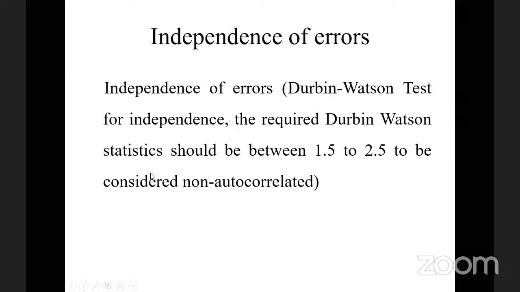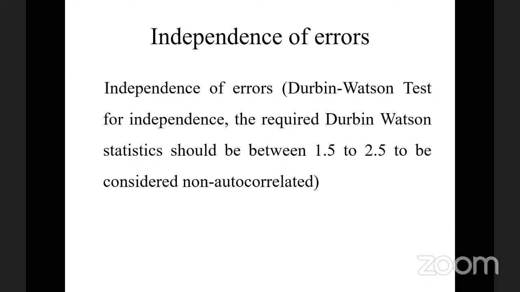Second, the assumption we are checking is independence of the error term. I have discussed this in a previous lecture. Through the Durbin-Watson test, we check the independence of the errors. The error term means observed minus estimated, the residual. It should be independent of each other. In a cross-sectional study, the observations of one person should not depend on another person.